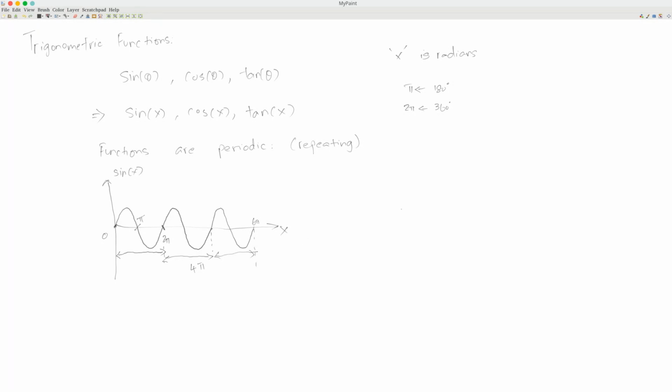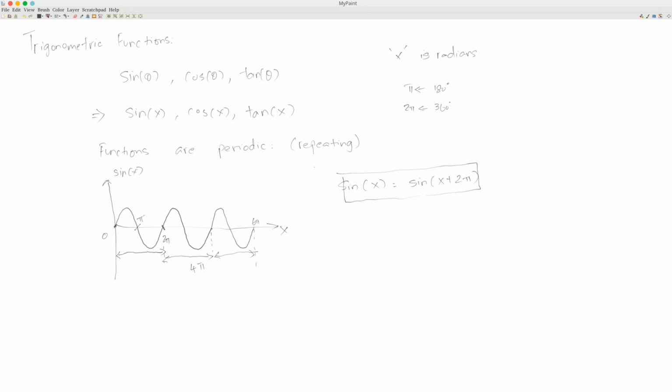So a sine function has a period of 2 pi. In other words, sine x would equal sine x plus 2 pi. No matter what value of x you plug in, this particular identity would always be satisfied, because sine x is equal to sine x plus 2 pi, and it is 2 pi periodic.